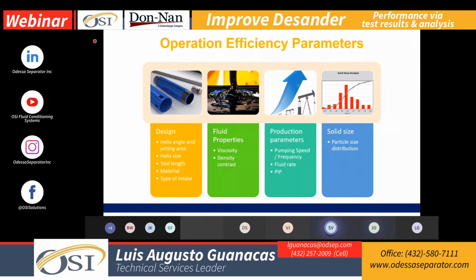That's a great question. And to champion what Luis said, that's exactly what sets us apart: there's not one size fits all. By doing this lab test and the analysis, depending on the solid size distribution is what we're going to size it for. It's the area between the veins that Luis was talking about that is going to create that centrifugal force.